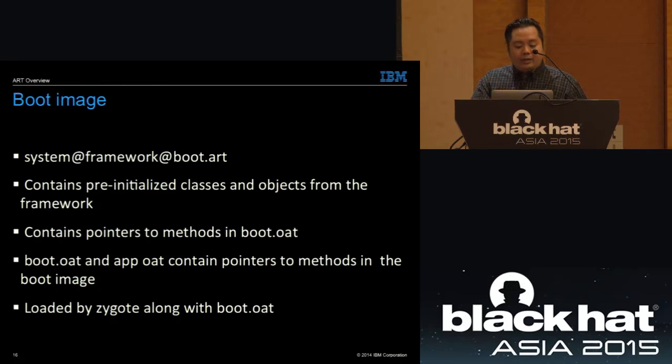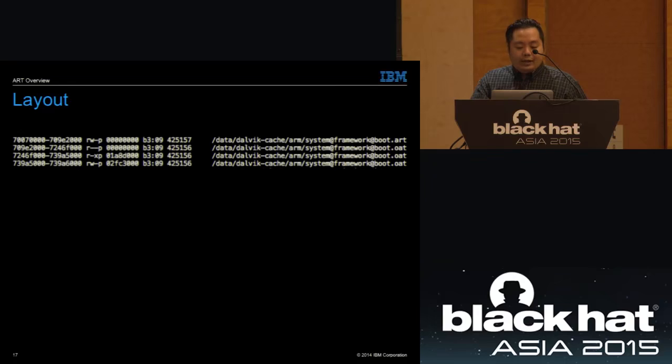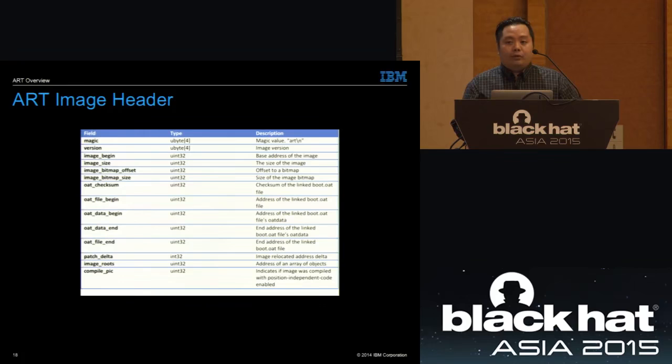This is loaded by Zygote along with boot.oat, and here's a typical layout of it once it's mapped into memory. Your applications will have a similar one mapped into their memory space. It starts with the boot.art file, and the rest of the sections of the boot.oat file will follow. Here's the file format for the art image.